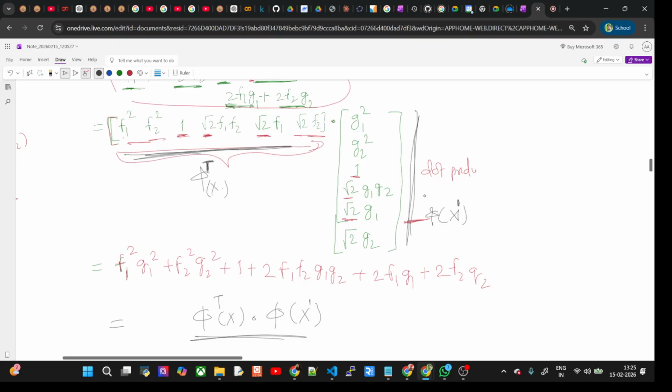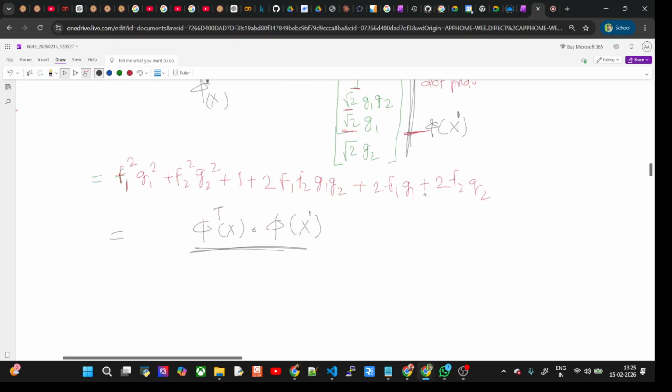And if you see in general, phi of x is the feature map which maps your low dimension data. Whatever low dimension data you have, you are projecting into a higher dimension, for example here 2 to 6 dimensions. Who is helping you? Phi of x is helping you. So this phi of x maps your low dimension to the high dimension.